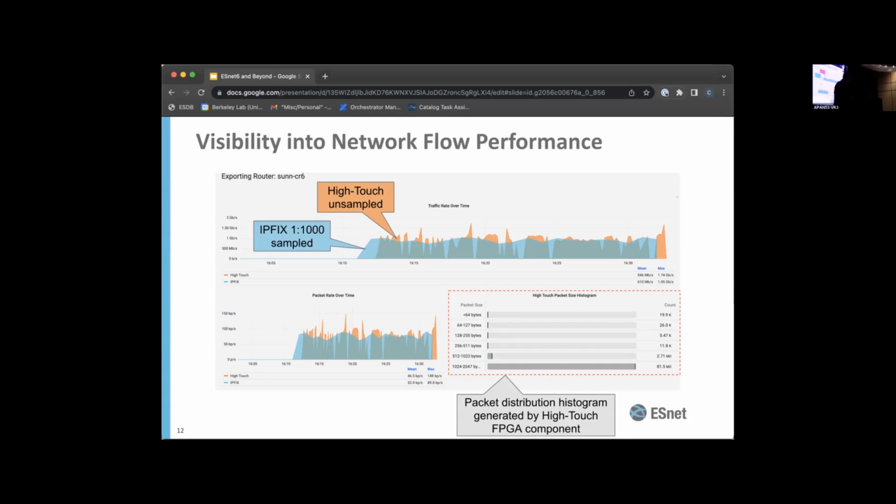In addition, at the bottom right, you'll notice this thing called the packet distribution histogram. So just for grins, we said, why don't we put some functionality into the FPGA card and see what it can do? So again, this is actually done in real time by the FPGA card. It looks at the packet distribution, it's unsampled information, so you know exactly what the packet distribution looks like.